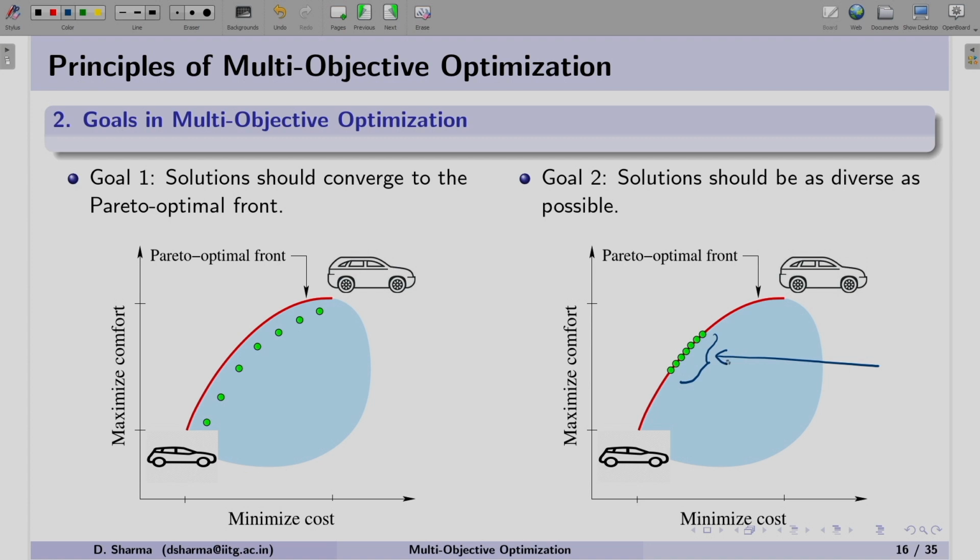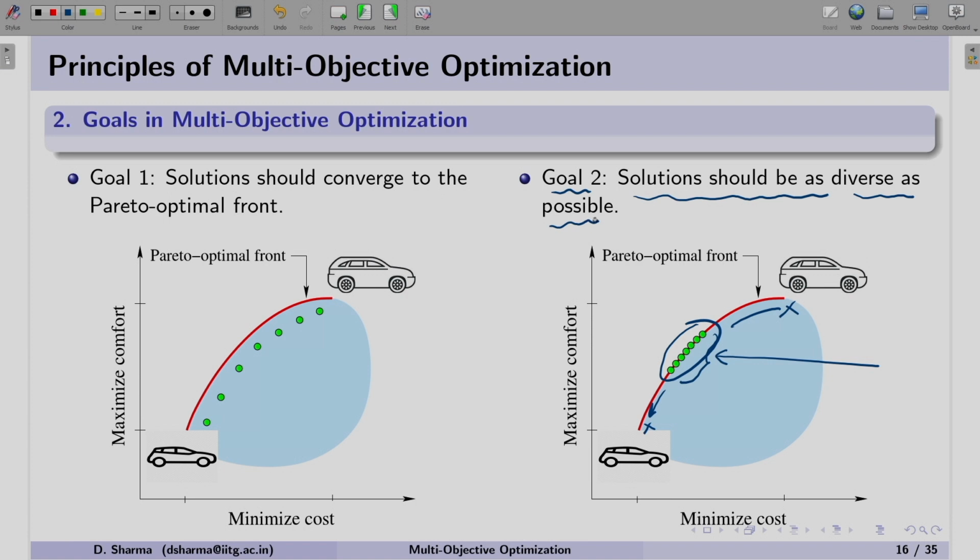But if you look at these solutions, they are converged into a very small region of the Pareto front. These solutions are not going to give us any idea what the Pareto front of the given problem is. Therefore, the second goal is that the solutions should be as diverse as possible.